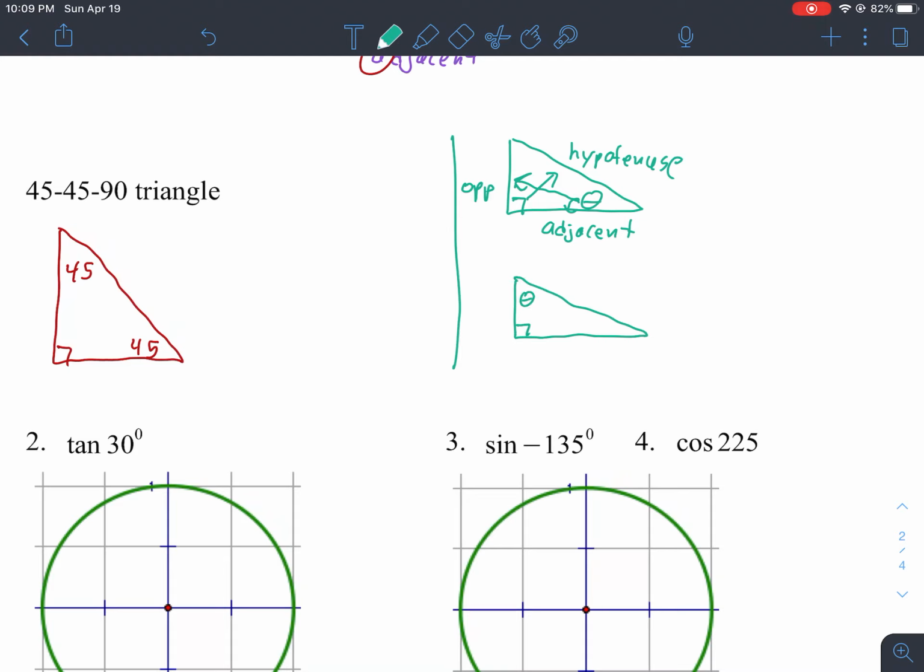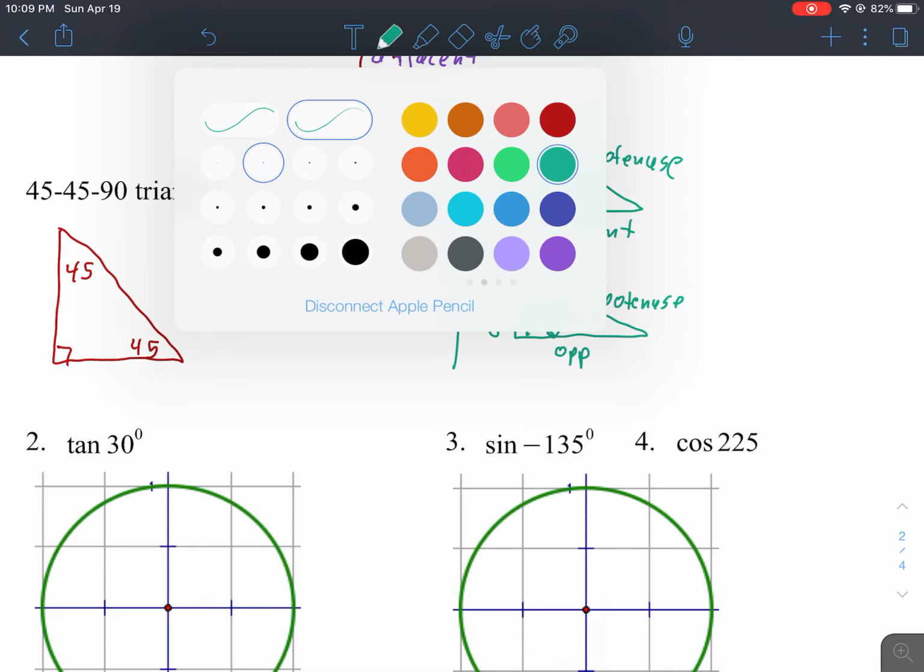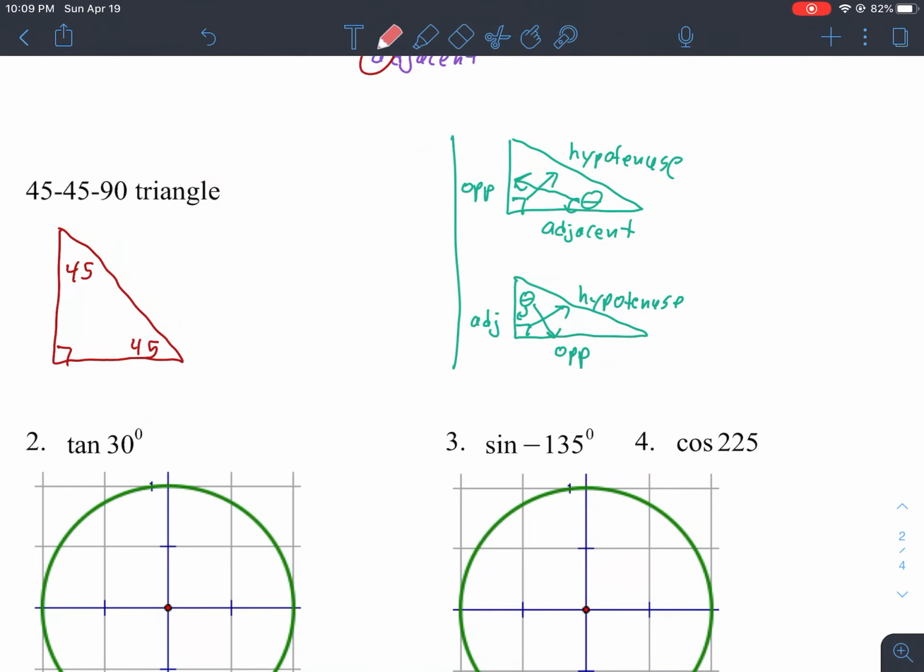Okay, now, we could have a similar triangle, but say we were working with that angle. The side opposite the right angle is called the hypotenuse. The side opposite our angle, theta, is called the opposite side. The side touching our angle is called the adjacent side. So some people ask, can I remember the adjacent side as always the longer side?